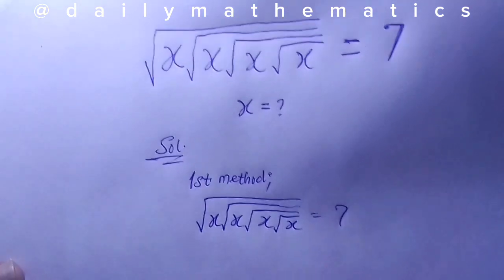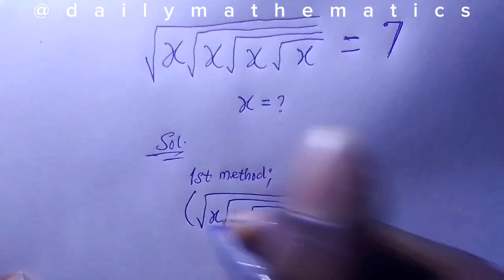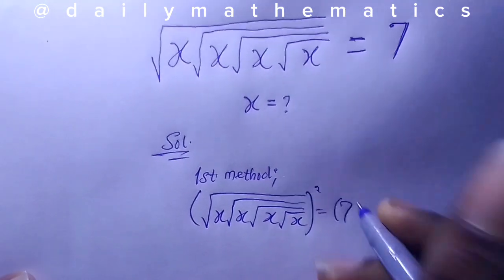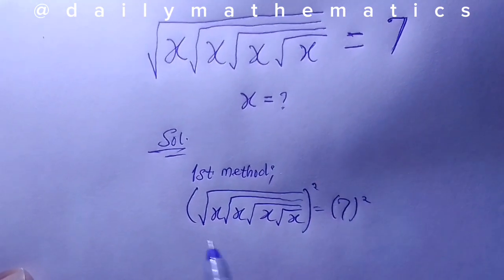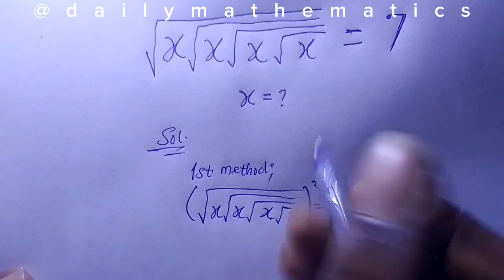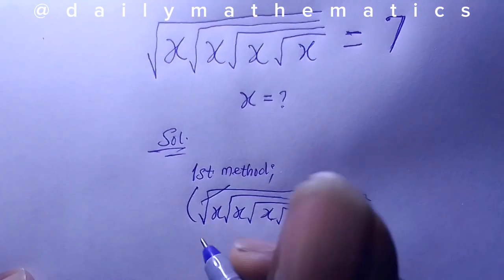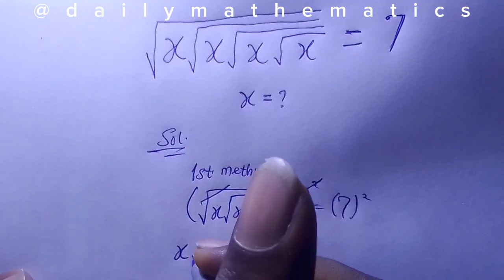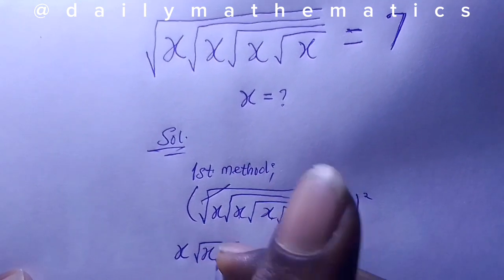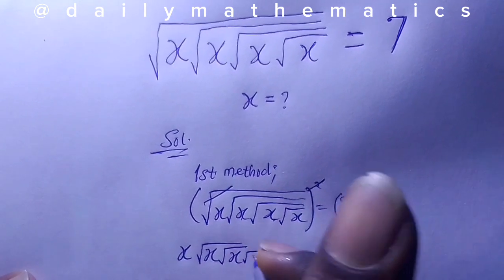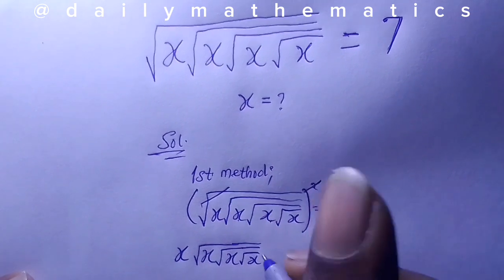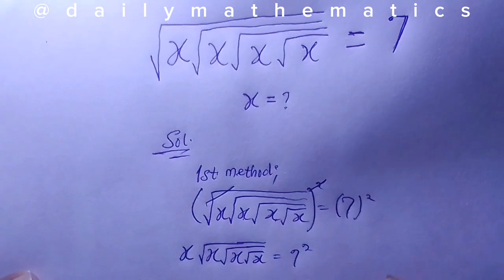Now the first method is squaring both sides. We square both sides until we get rid of all these roots at this part of the equation. So square cancels square root, so we have x root x root x root x equals 7 squared.